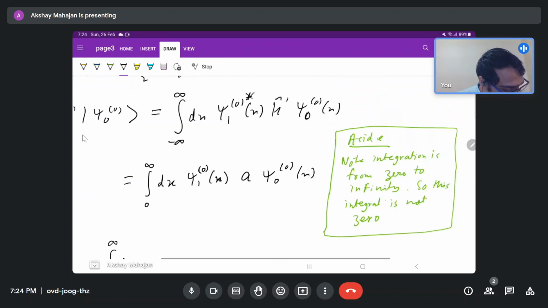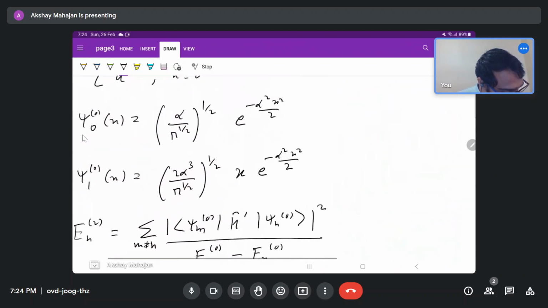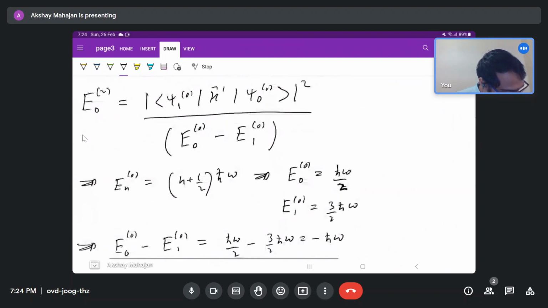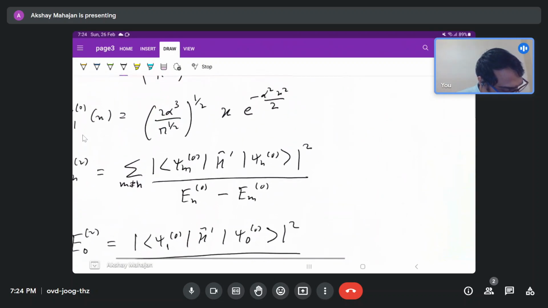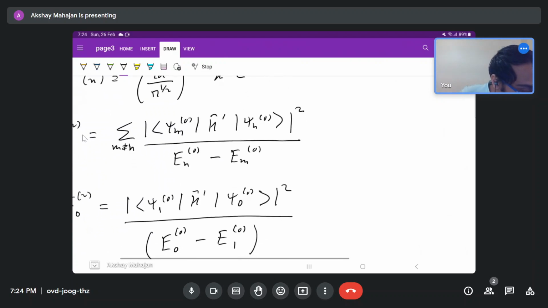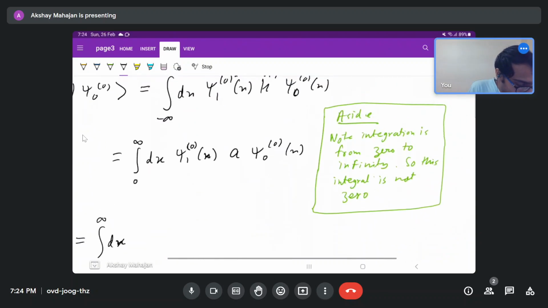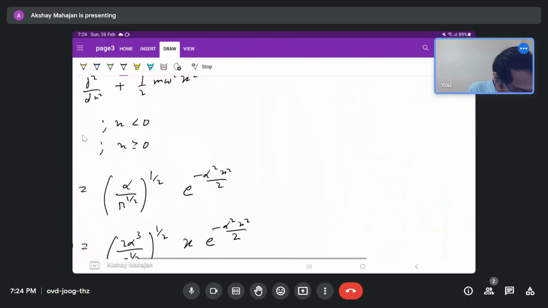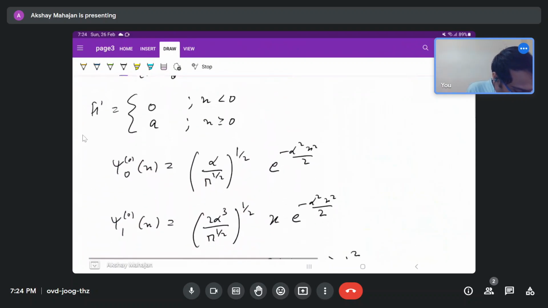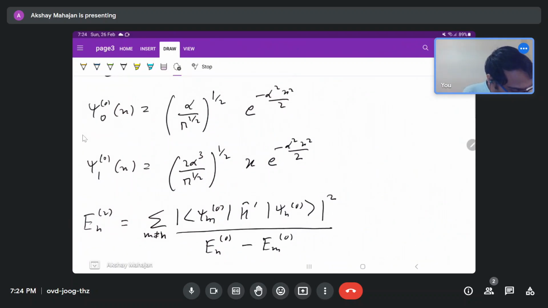So we have psi 1 of 0 of x. You just have to put this equation in. Let me not do this integral right now, I don't have enough time. Psi 1 of 0th order x is equal to this term.